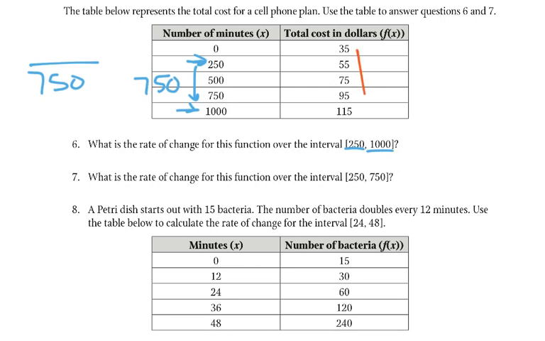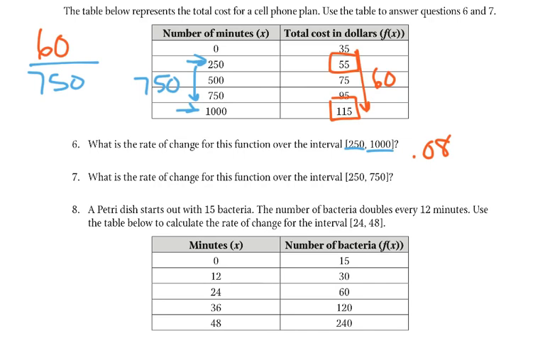Then on the right side, how is this one growing from that same interval? So 55 to 115. So 115 minus 55 gives us 60. So 60 goes on the top. Okay, so then 60 divided by 750 gives us 0.08. So that's the rate of change, 0.08.